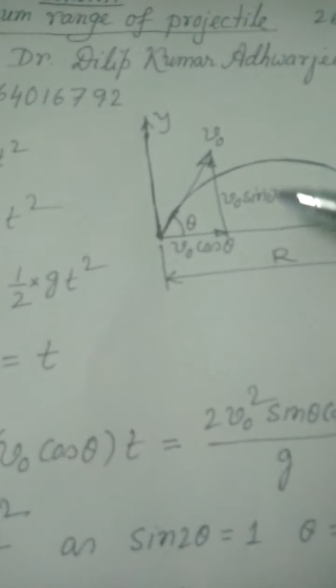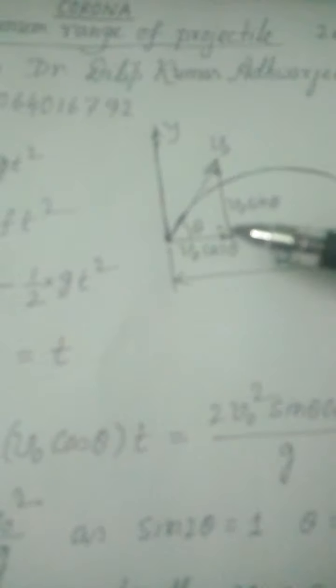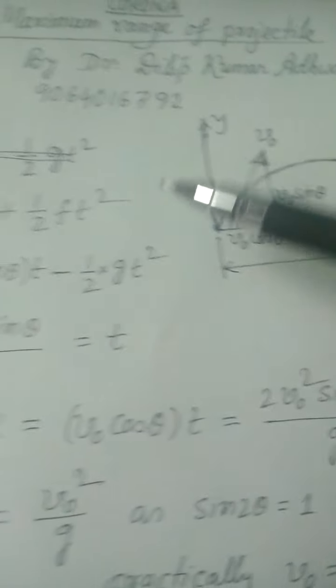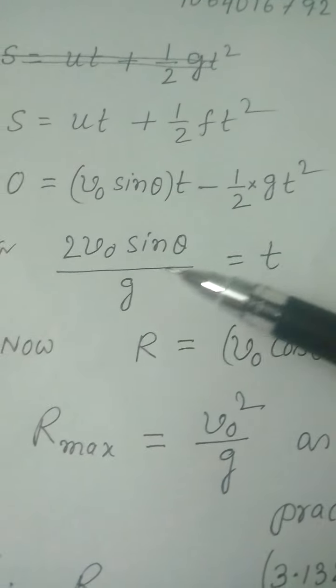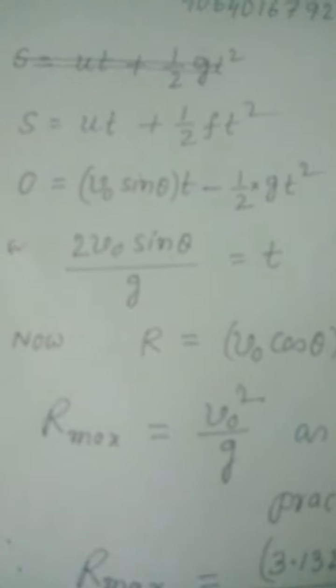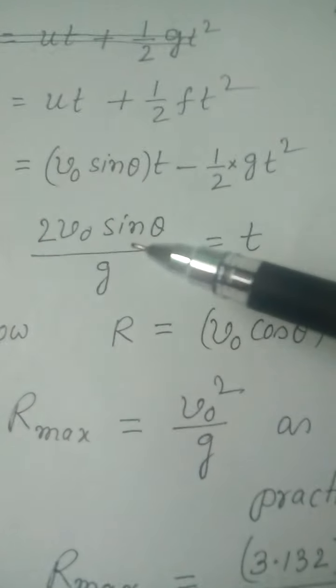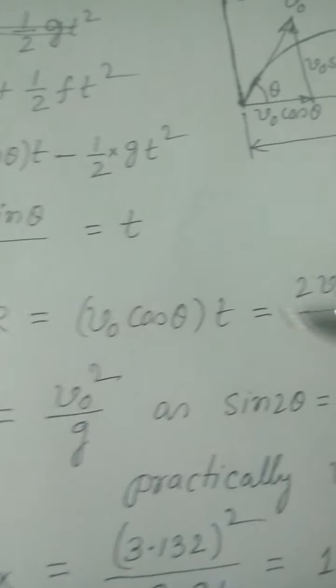Because g is always in the downward direction and we have taken y in the upward direction. So this is minus g. So from here we get the value of t, not equal to 0 in this case.